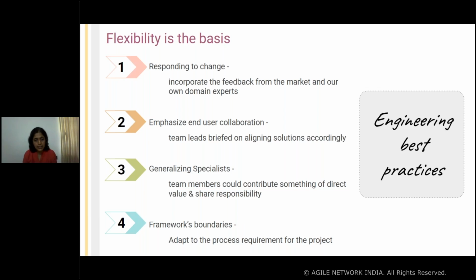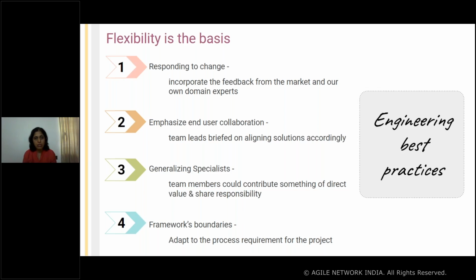Then the third thing is generalizing specialists. A generalizing specialist is a person who is a specialist in one particular area. In my case, I have work experience and certifications in Java technology, but I also have a generic experience of other things, other programming languages, and to some extent database and the UI, HTML, Angular.